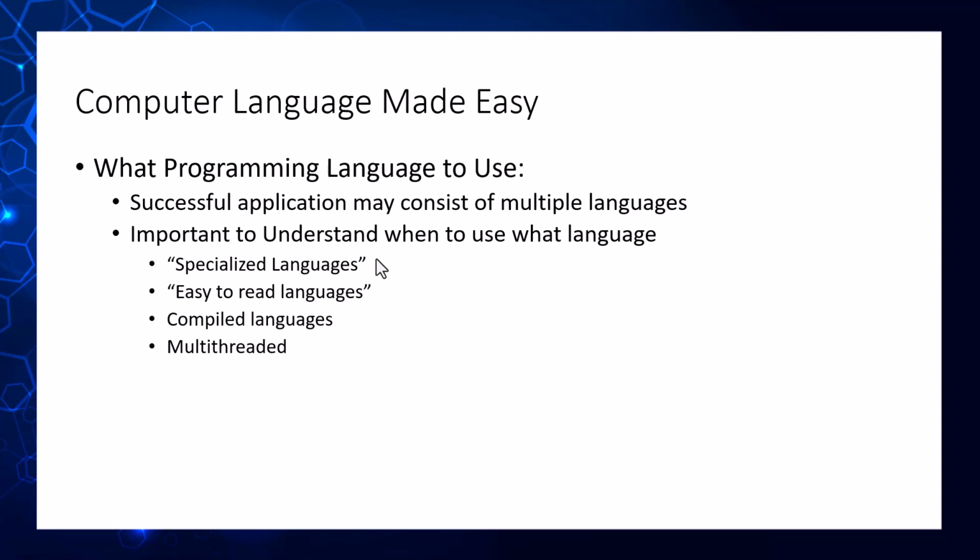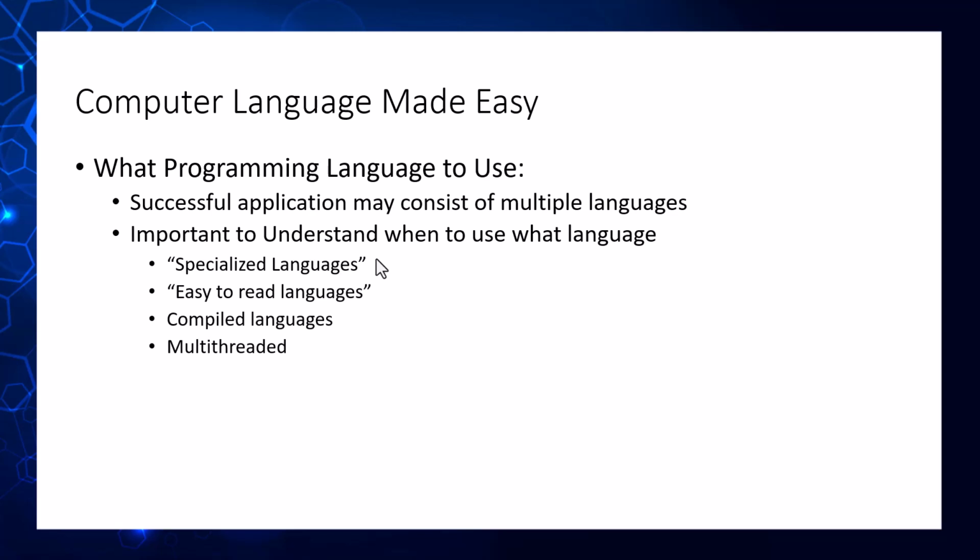There are some specialized languages. For example, Python is a very popular platform or language for machine learning and artificial intelligence. So if someone says, hey, I'm going to code your machine learning application in PHP, for example, which is another type of programming language, can it be done?